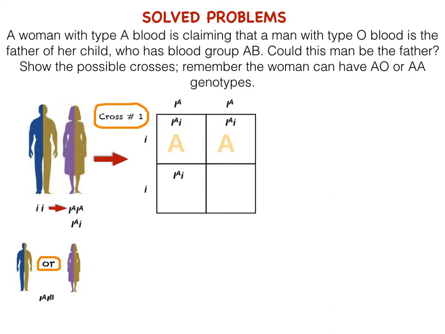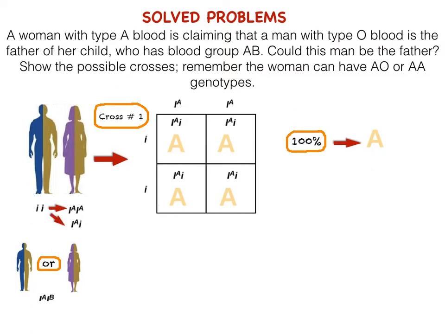Since the man is O, 100% of children will have A blood group, so there is no AB. If the woman is homozygote for A, there is no way this man can be the father of an AB blood group child. Every child born from this cross will have A blood type, no AB.